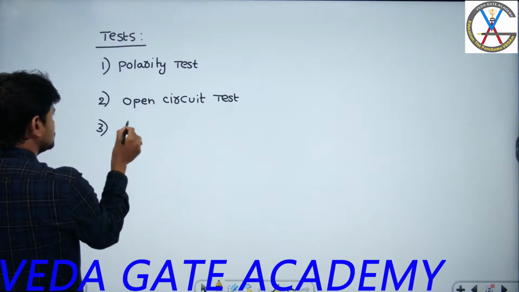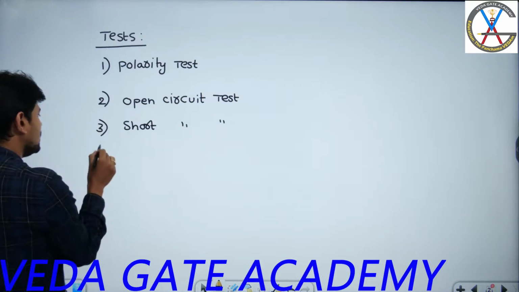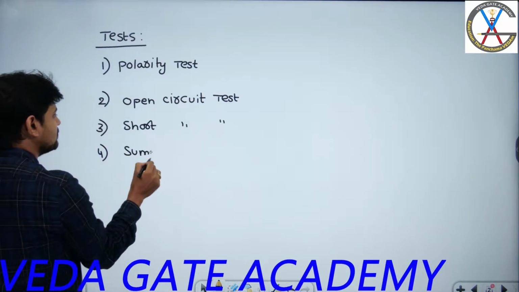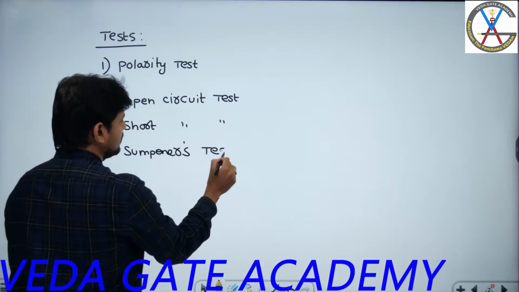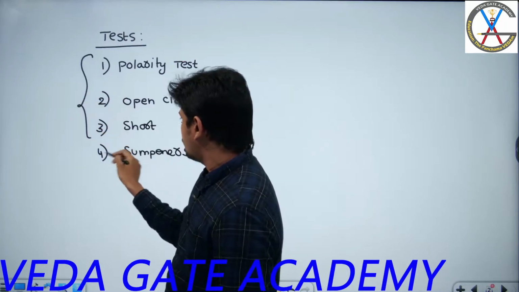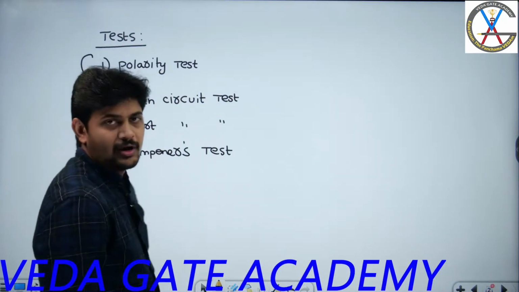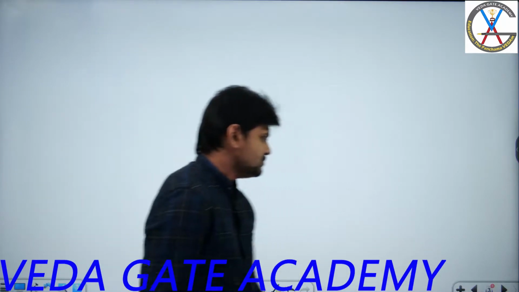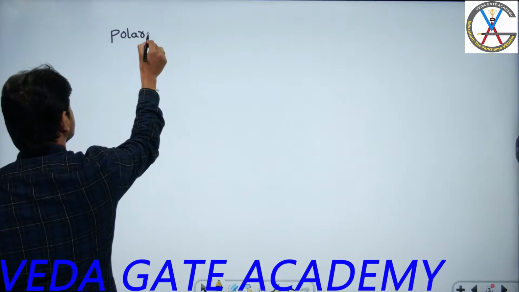Apart from this, we are even going to conduct a Sumpner's test also. First we will concentrate on these three and later we will move on to Sumpner's test. So first we will start with the polarity test.